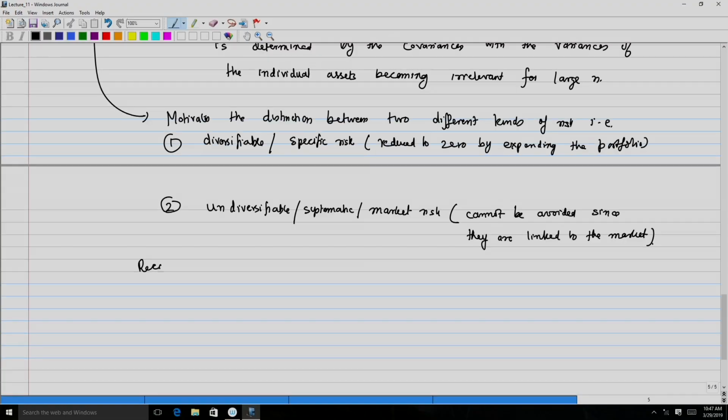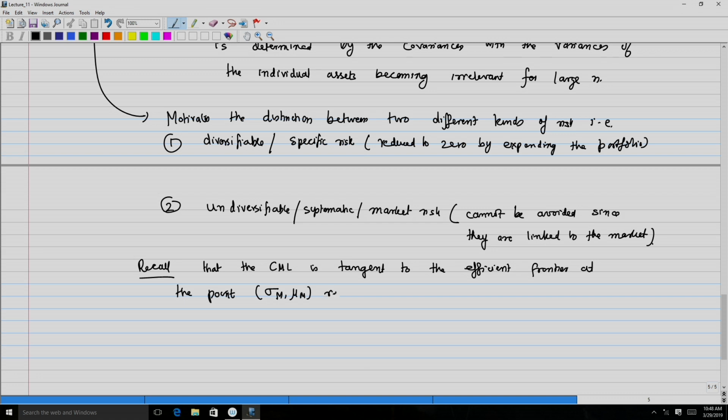So, we begin by recalling that the capital market line is tangent to the efficient frontier of all risky assets at the point of tangency sigma m mu m, representing the market portfolio with weights W m.